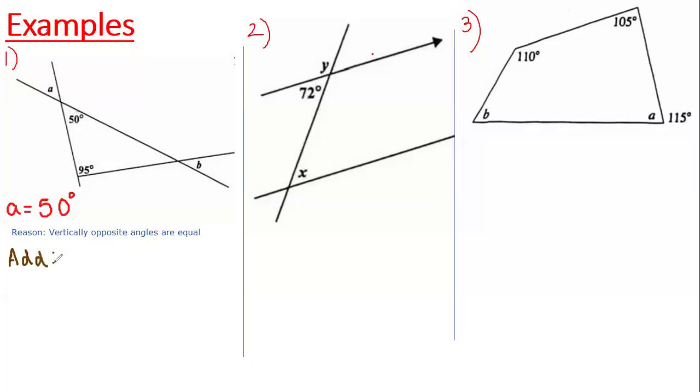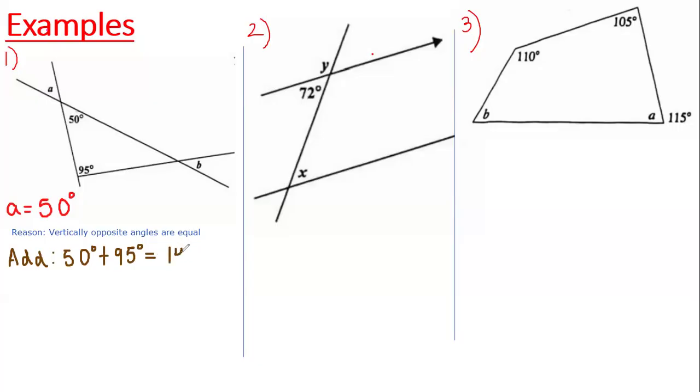When we add, we get 50 degrees plus 95. When y'all add them together, what do you get? 145 degrees. Good, because 50 plus 95 is 145.